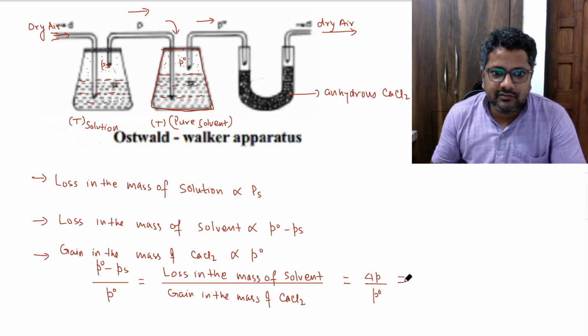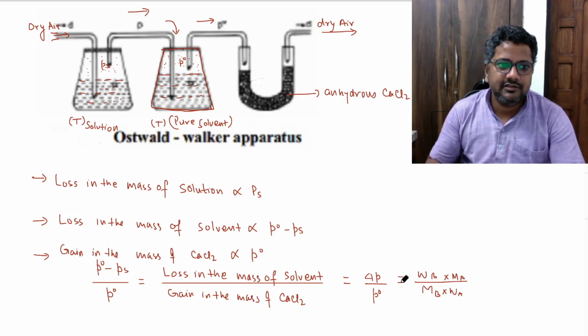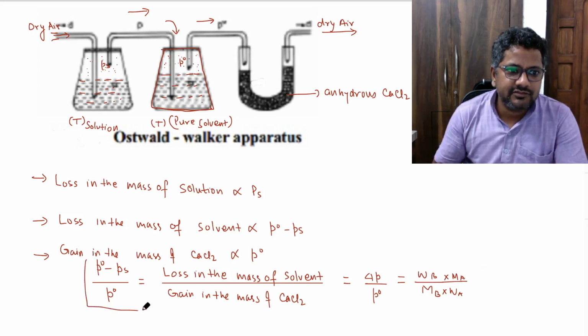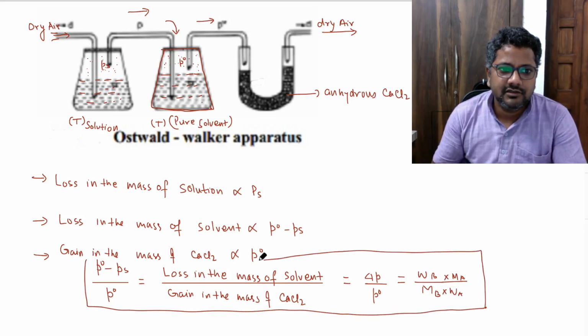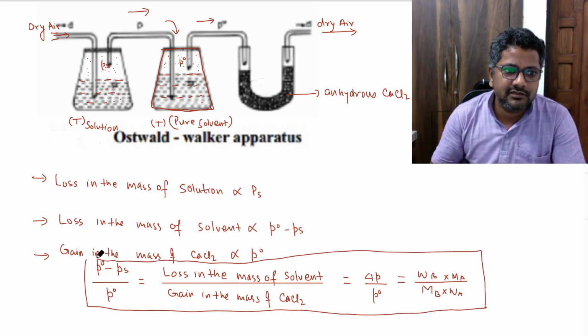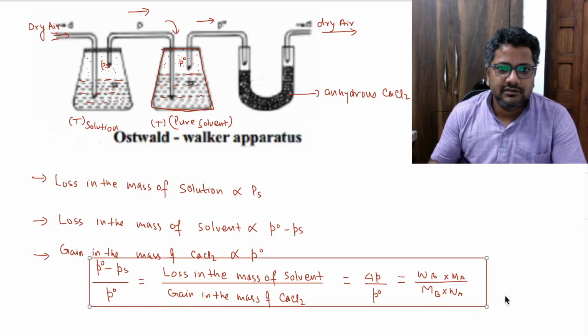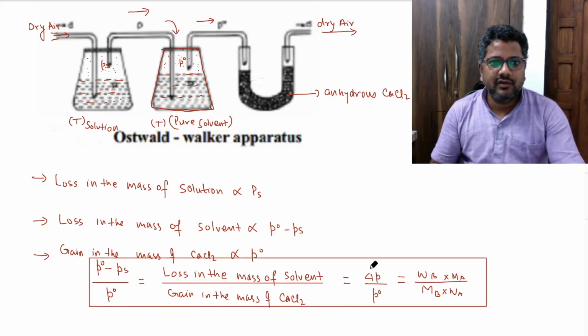This is equal to mass of solute by molar mass of solute, right? So by using this formula you can calculate the relative lowering in vapor pressure.